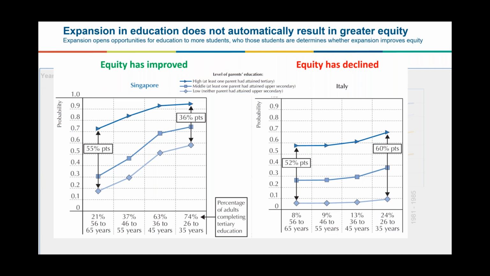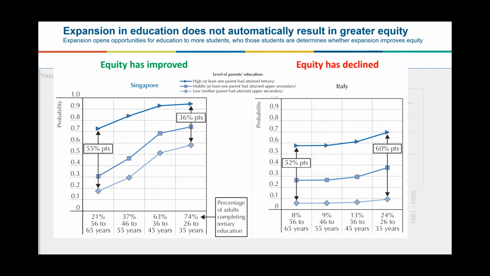So basically, when you look over time, over successive generations, you are more likely to get a better education if your parents also had a tertiary education. But what's interesting when you look at Singapore, that for those where neither parent had attained upper secondary education, so neither parent had completed high school, the probability for students to get a good education has risen faster.